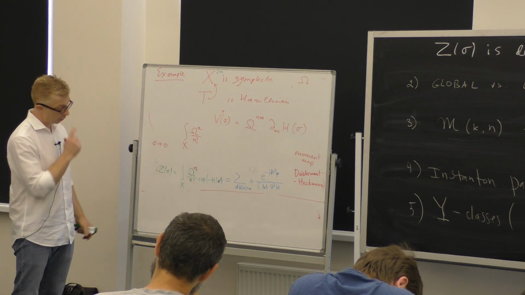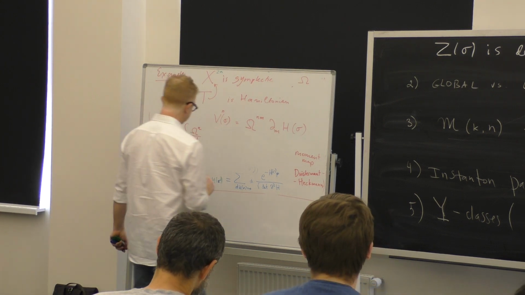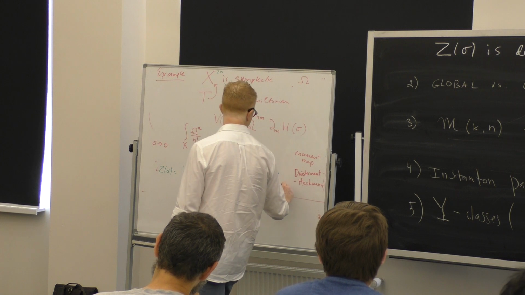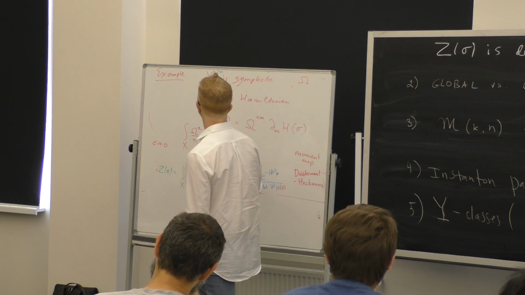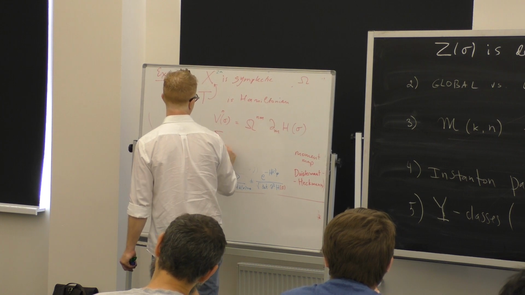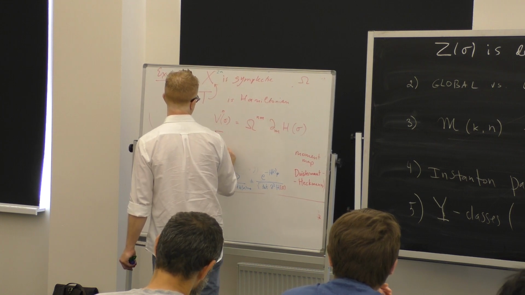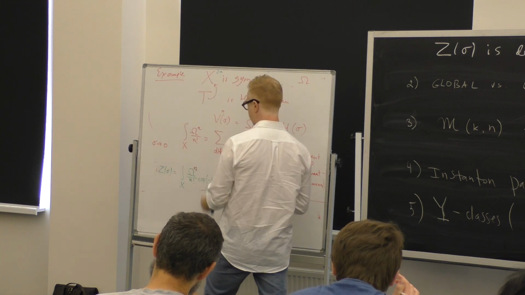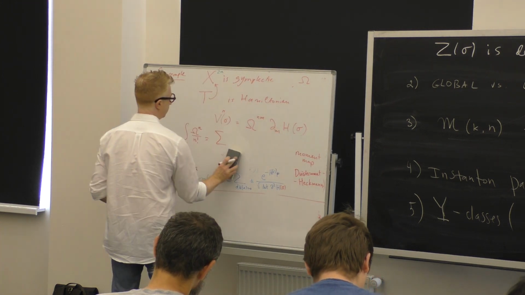And so it's a symplectic volume. But on the right-hand side, you still have a fixed point formula. So here, when I say DH of sigma, I really mean just a sum over fixed points.